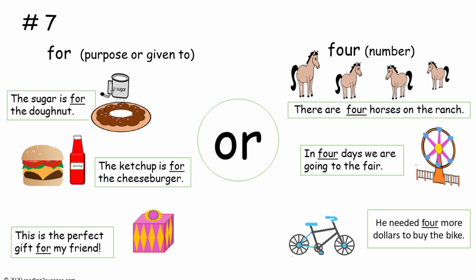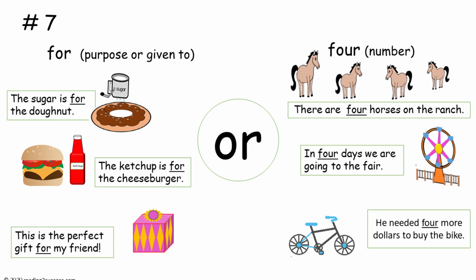The second sentence, the ketchup is for the cheeseburger. The ketchup is there to be placed on the cheeseburger to make it taste better. And the third, this is the perfect gift for my friend. It is to be given to their friend.